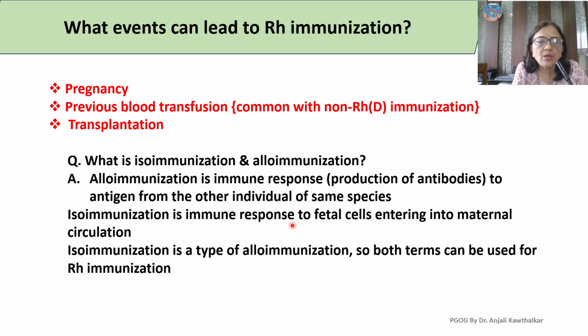So ultimately it is alloimmunization only, but whenever it is related to the mother and the fetus, we use the terminology isoimmunization. But remember that ultimately the meaning is the same, so both these terms can be used for Rh immunization. Either we can use alloimmunization or isoimmunization.